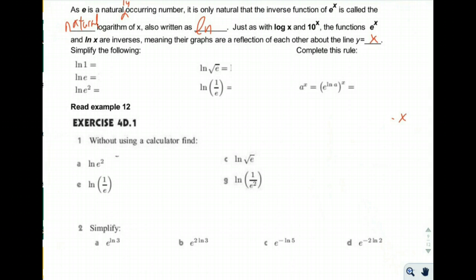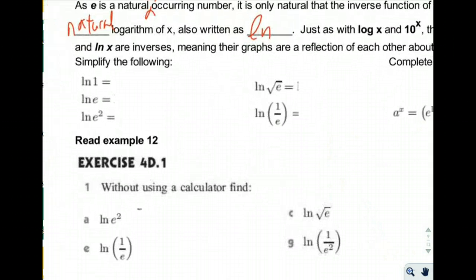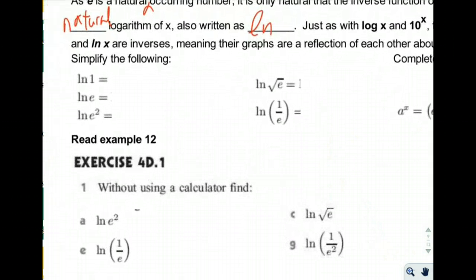Okay, simplify the following. Natural log of 1. Well, the log of 1 with any base, it could be log base 10, it could be log base 2, in this case log base e of 1 is 0. Natural log of e. Well, remember, natural log is the log base e.